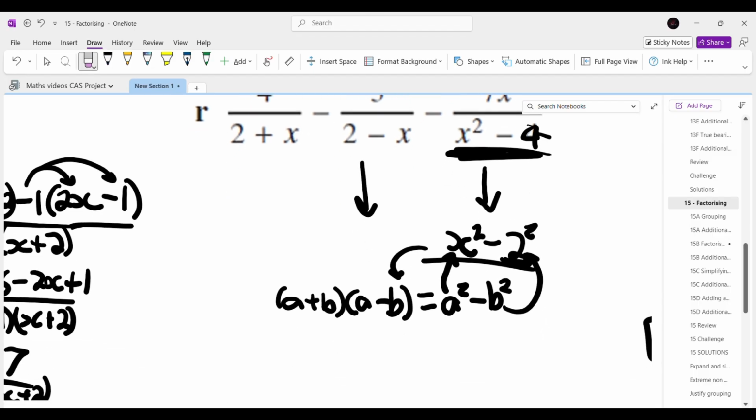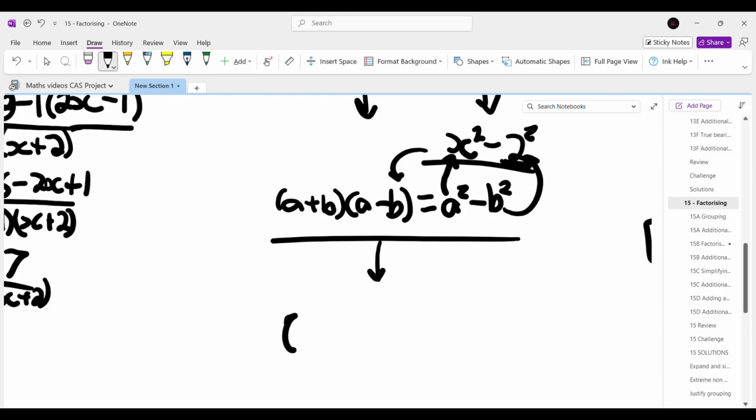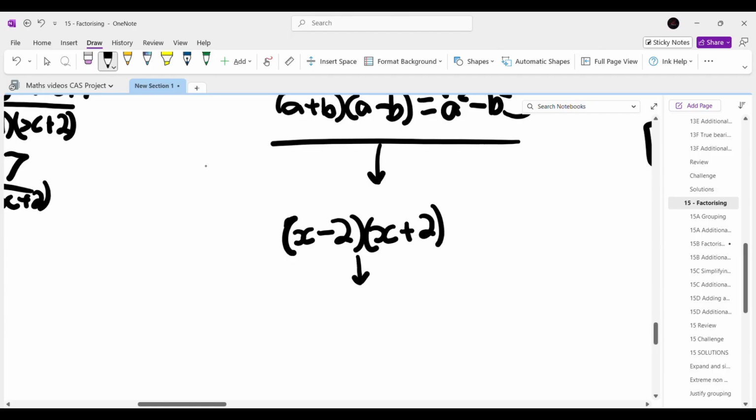Just positive 2 here. So what we can do here is we can say that we have our factors x minus 2 times x plus 2, and we can just expand, and I can show you how these will cancel out to make our formula.